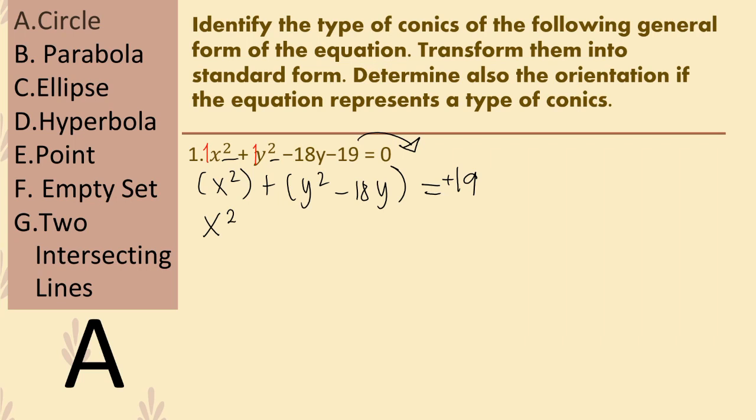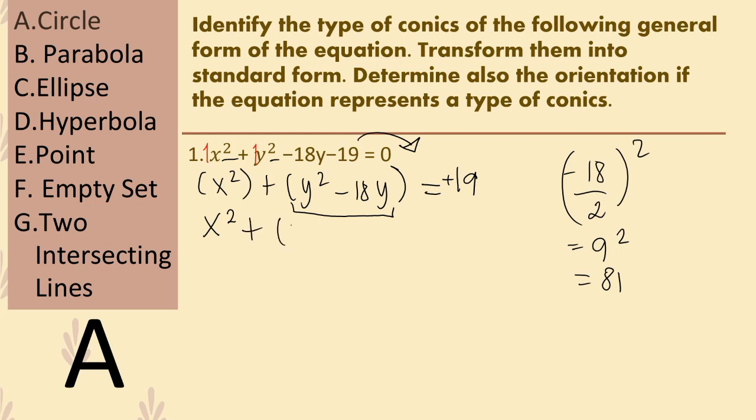Bring down natin itong x squared. And then, yung completing the square method, yung coefficient ng middle term is divide natin by 2 and then squared natin. So, magiging 9 squared which is equal to 81. So, plus y squared minus 18y plus 81 is equal to 19 plus 81.